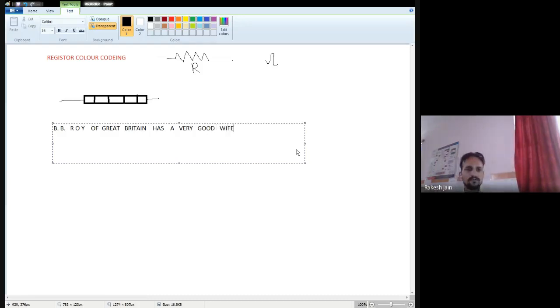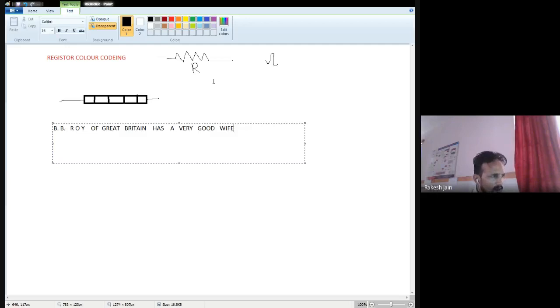This is a standard format throughout the world. Everyone knows this format. You can use it to remember the color coding method to find out the value of a resistance. B B Roy of Great Britain has a very good wife.